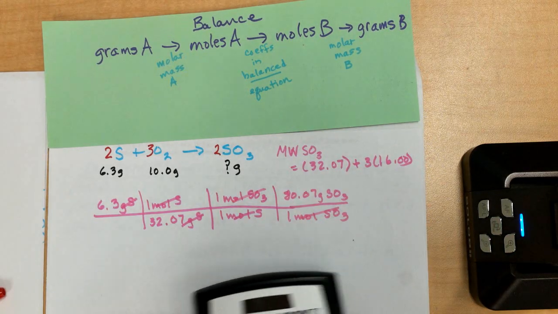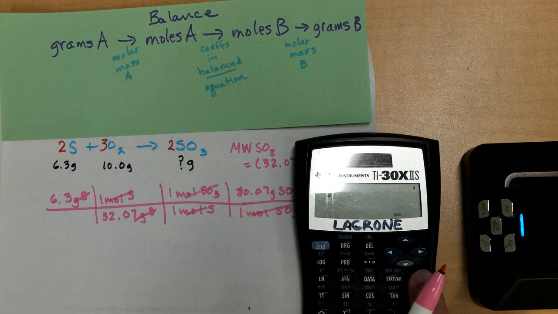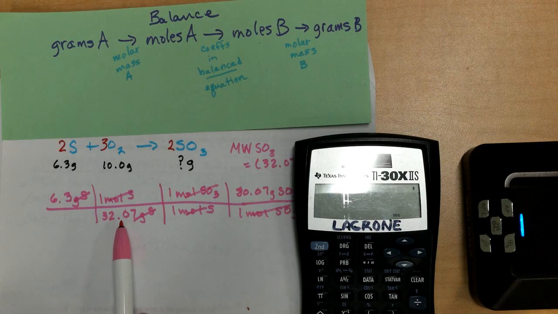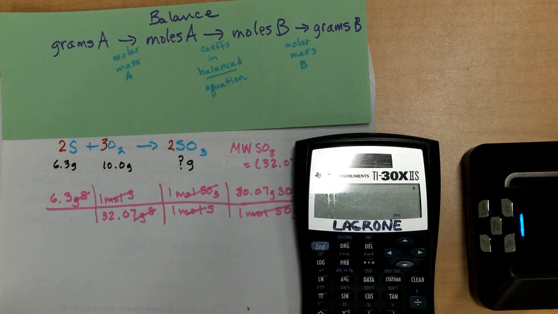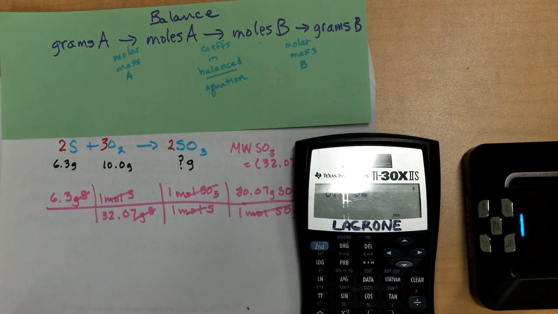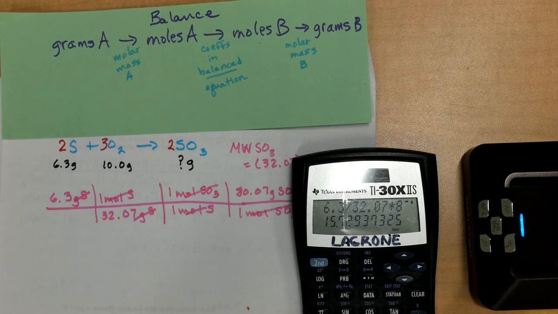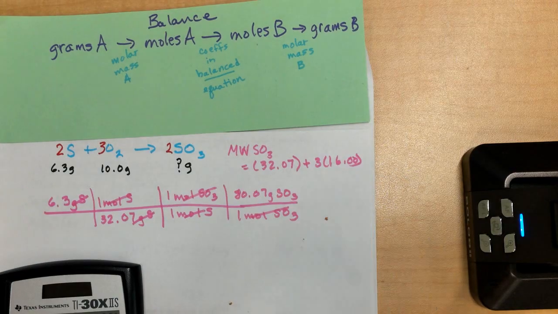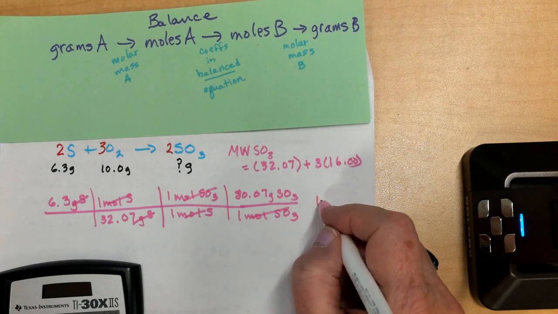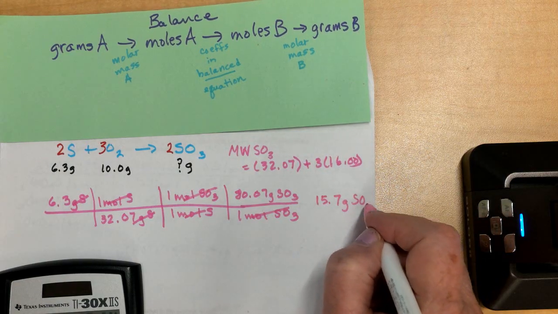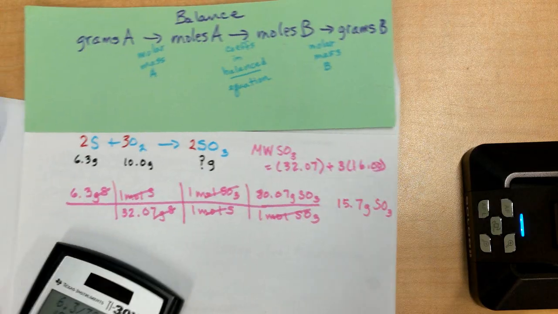And we're done. And now let's work some magic with the calculator. Any numbers in the numerator get multiplied, these get divided. So it's going to be 6.3 divided by 32.07 times 80.07. And that gives me 15.7, carry extra, 15.7 grams sulfur trioxide.